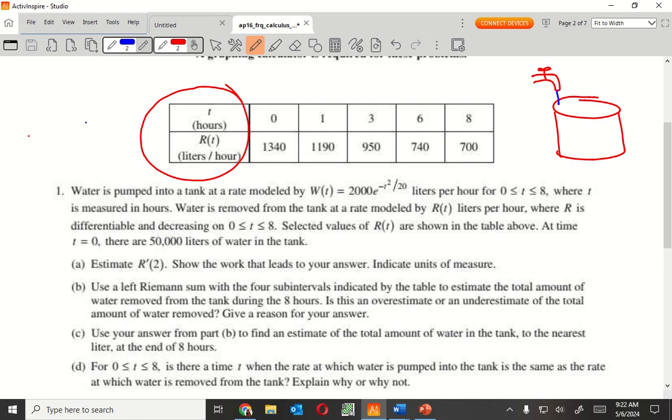Water pumped into the tank is modeled by this. So we have 2 different equations here, modeling the water in the tank, in liters per hour from 0 to 8 hours, where T is measured in hours. Water is removed from the tank at a rate modeled by R of T. That's what we have up here.